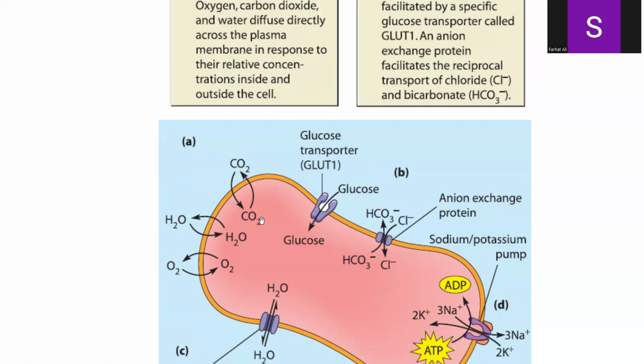When these red blood cells loaded with carbon dioxide reach the lungs, the concentration of carbon dioxide is low, so carbon dioxide will diffuse out of the RBCs. Whereas the alveoli of the lungs have a high concentration of oxygen, so oxygen will diffuse into the red blood cell. So this is representing the simple diffusion process.